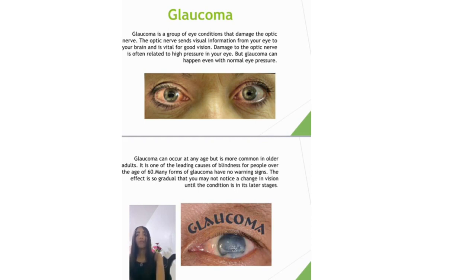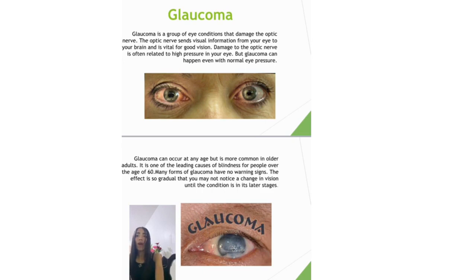The optic nerve sends visual information from your eyes to your brain and is vital for good vision. Damage to the optic nerve is often related to high pressure in your eye, but glaucoma can happen even with normal eye pressure. Glaucoma can occur at any age, but is more common in older adults.